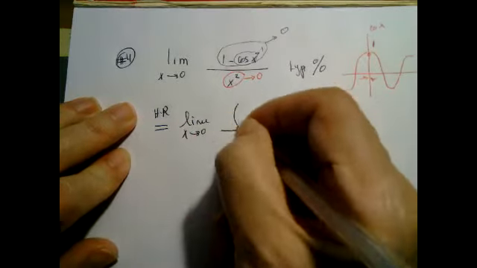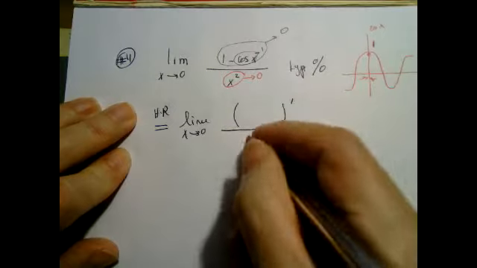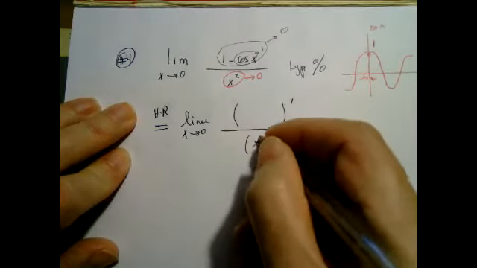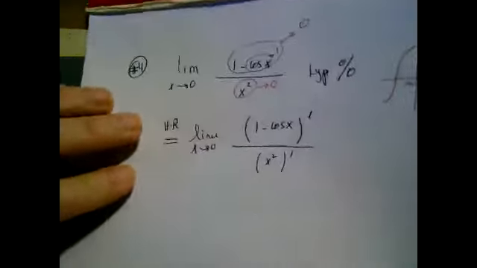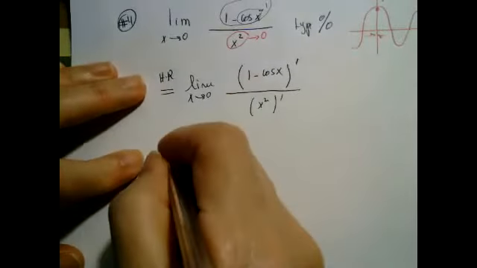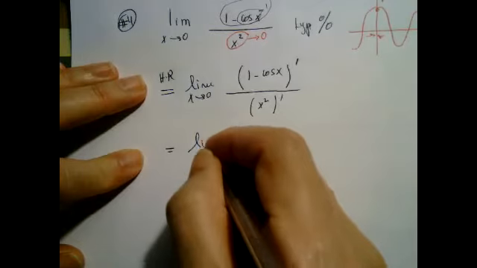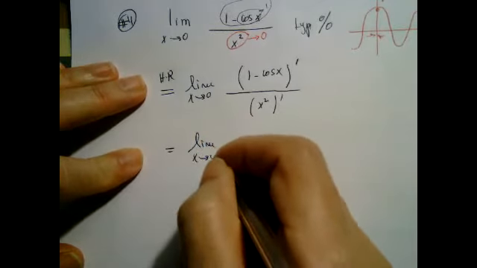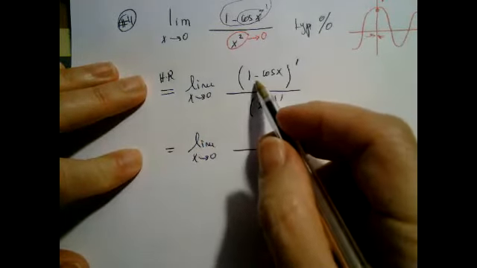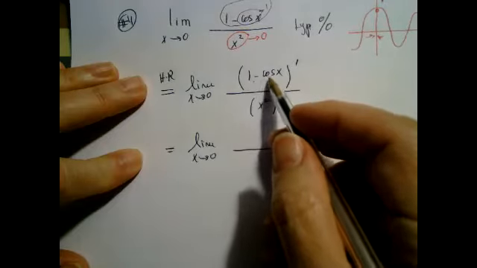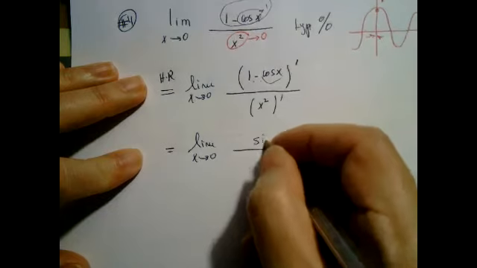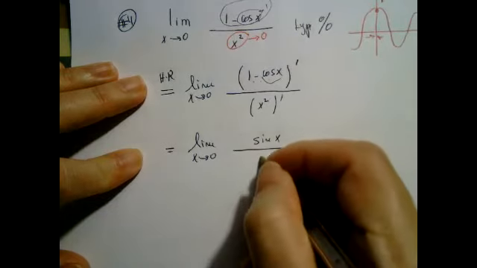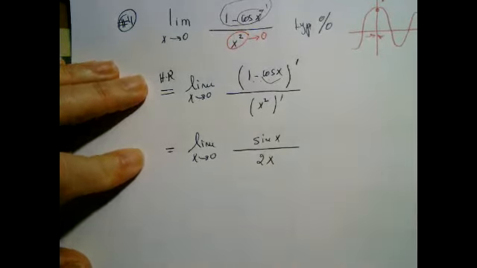It's the derivative of the numerator over the derivative of the denominator. So this will give me the following. That's a 0 minus derivative of cosine, which is minus sine, times minus. That's going to give me sine x divided by 2x.